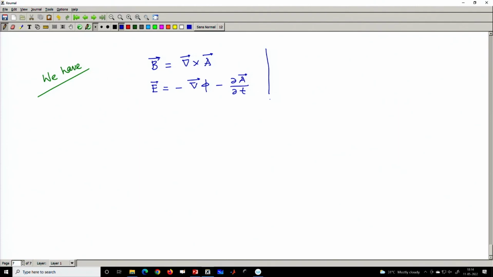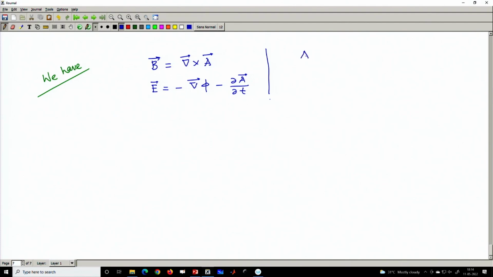But from these two equations I can see that these 6 components can be extracted from the 4 components of A and phi, because A is a vector quantity having 3 components, but phi is a scalar quantity.